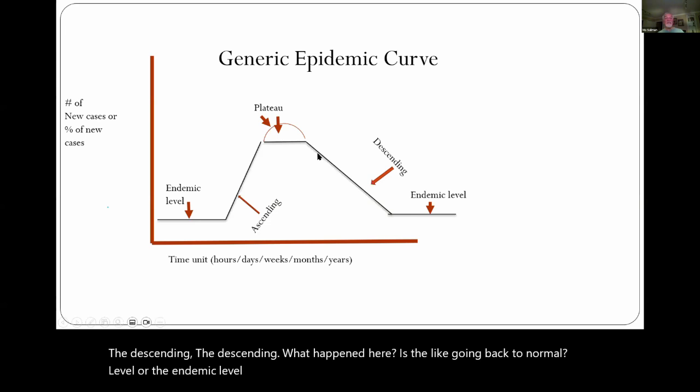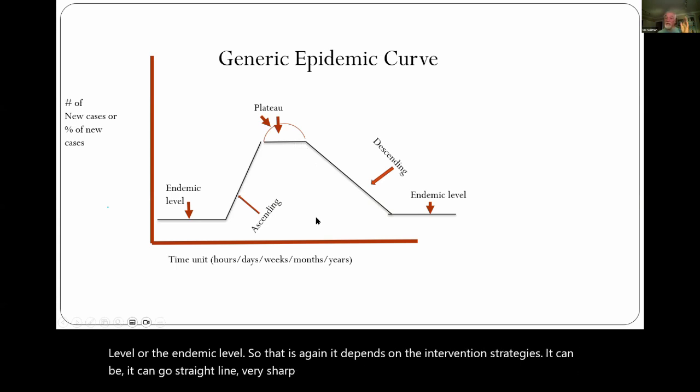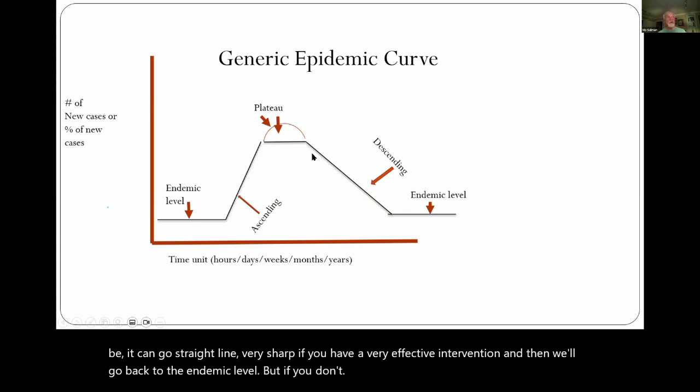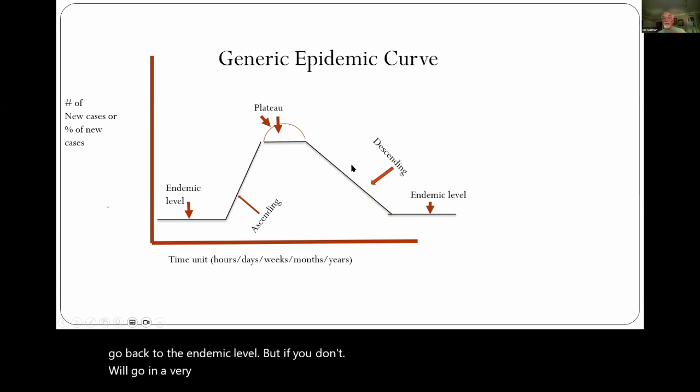That again depends on the intervention strategies. It can go in a straight line, very sharp, if you have a very effective intervention, and then go back to the endemic level. But if you don't, usually it will go in a very slow way, like a curve with 30 or 40 degrees, instead of a curve with 90 degrees.